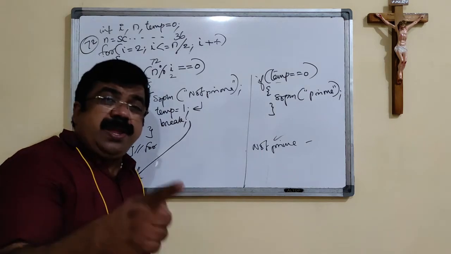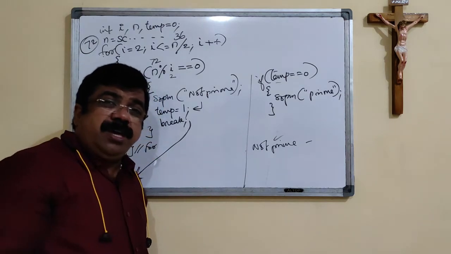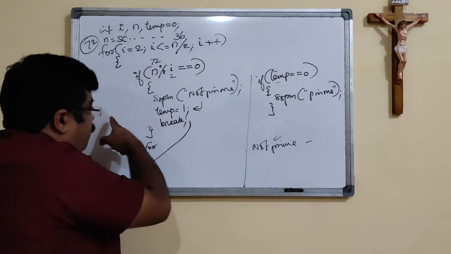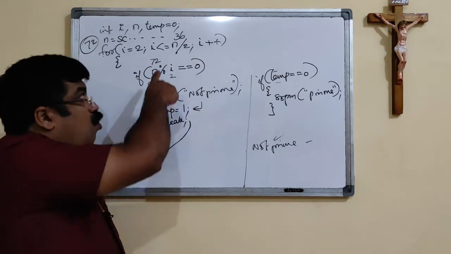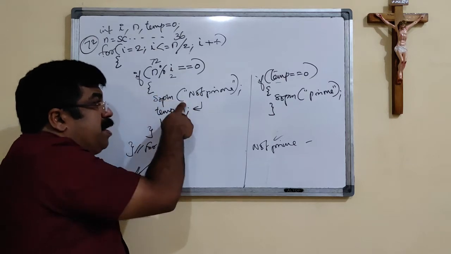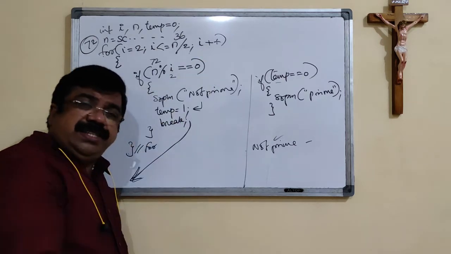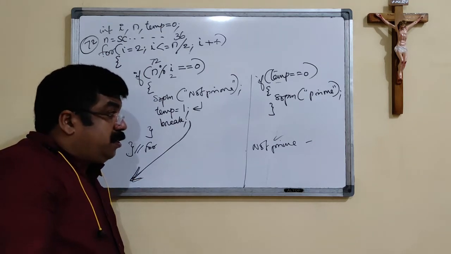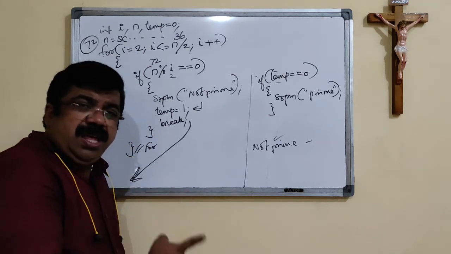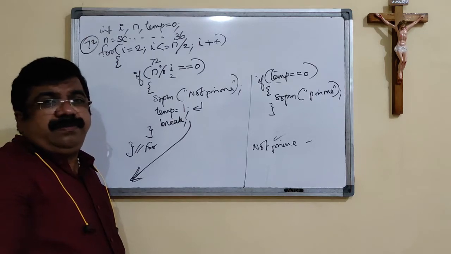And this one is executing only one time. Even if you give 7200, the loop will immediately terminate because 2 is a factor. So, see the difference? This program is to be followed.